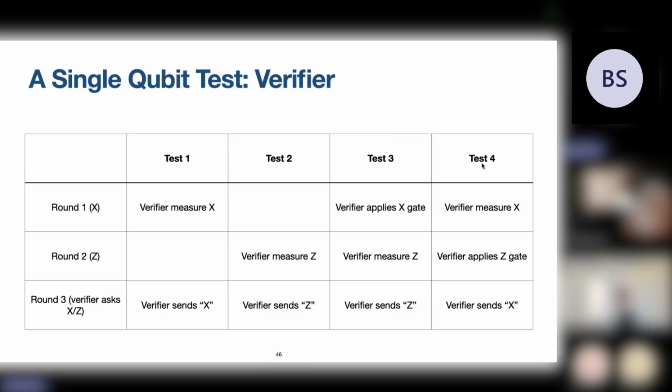And the fourth test is more or less the anti-commuting test, because in the first round, the verifier measures under the Hadamard basis, and then in the second round, the verifier applies a Z gate, and in the end, the verifier sends X to the prover.